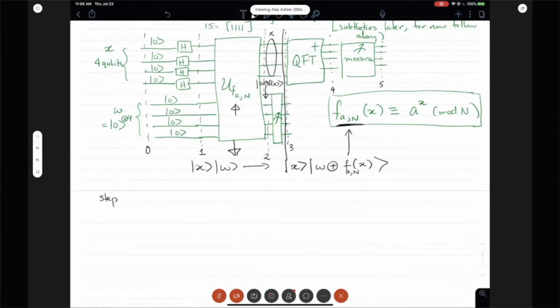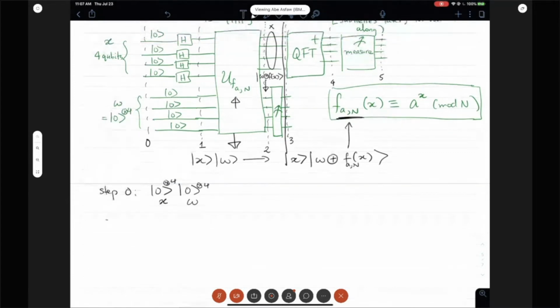Let's go through it. Step 0, we started off with all zeros. So I'm going to write down X and W like this. When I write them in this order, X is on the left and W is on the right. All right, so step 1. All the Hadamard gates are applied to the top 4 qubits.